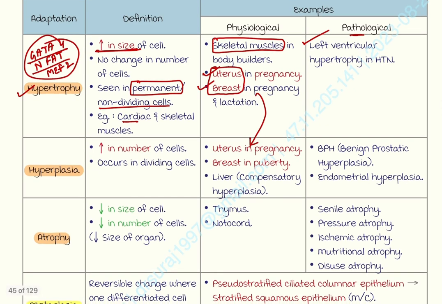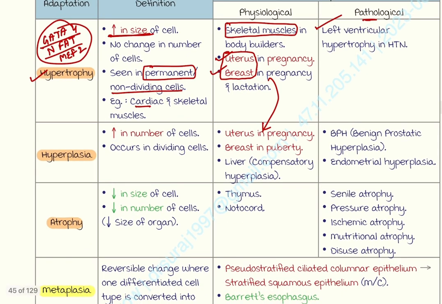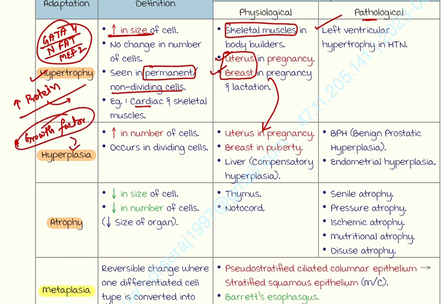Hyperplasia means there is increased cell number, and that is because of growth factor induced proliferation, so it is seen in dividing cells.